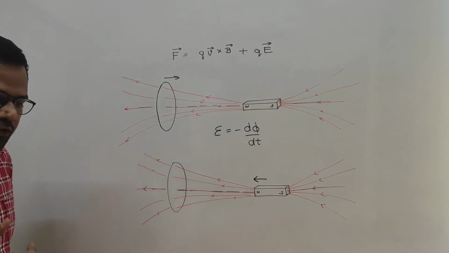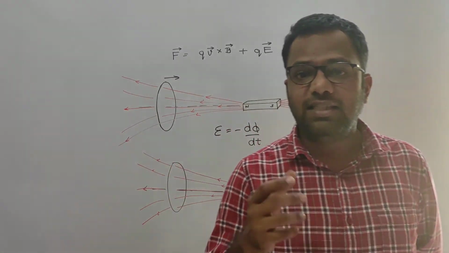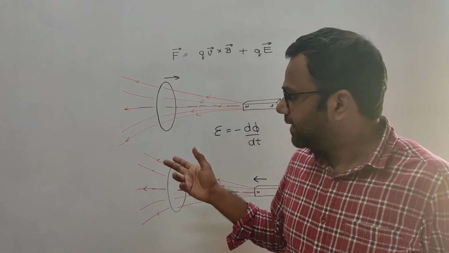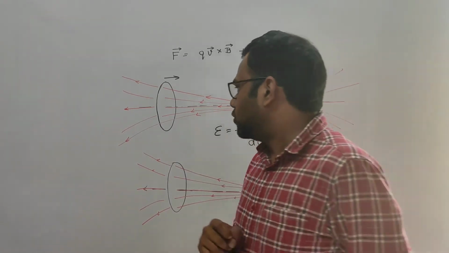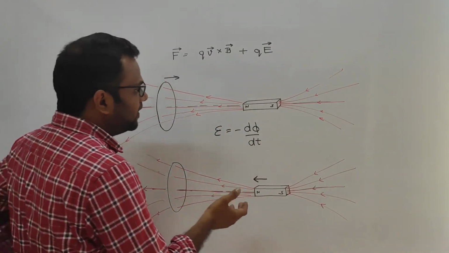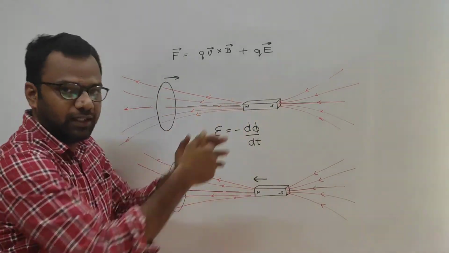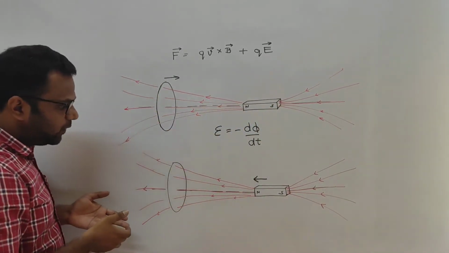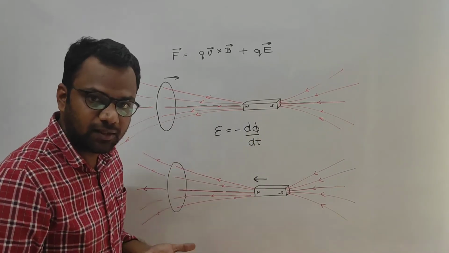Now the interesting thing to observe over here is that we know that the velocity is relative. So who is at rest and who is moving, it depends on the frame of reference, right? So over here, you can say that the observer was on the magnet and he is seeing the coil moving. And over here you can say that the observer is on the coil and he is seeing the magnet moving.